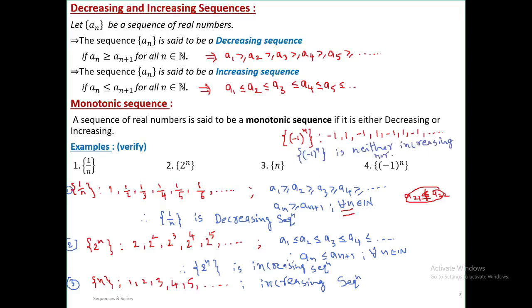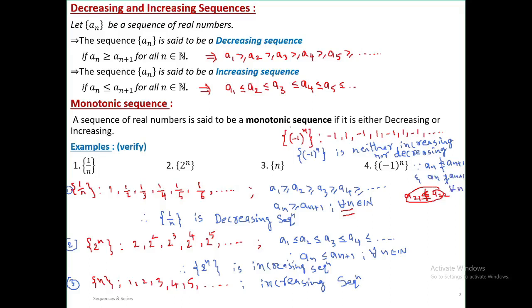Since an is not less than or equal to an plus 1 for all n, and an is not more than or equal to an plus 1 for all n, it is not satisfying for all n. That's why it is neither increasing nor decreasing.